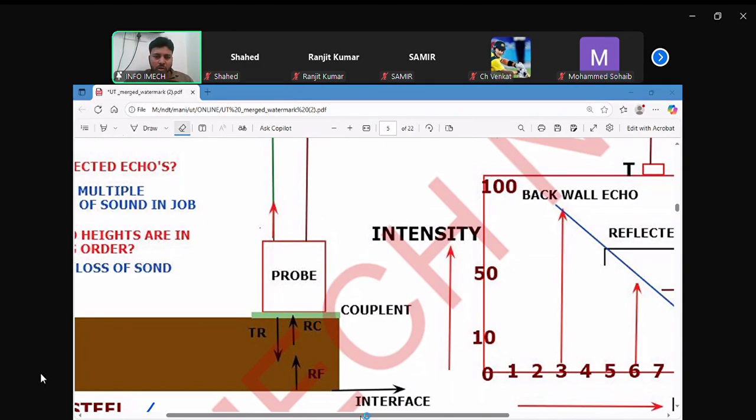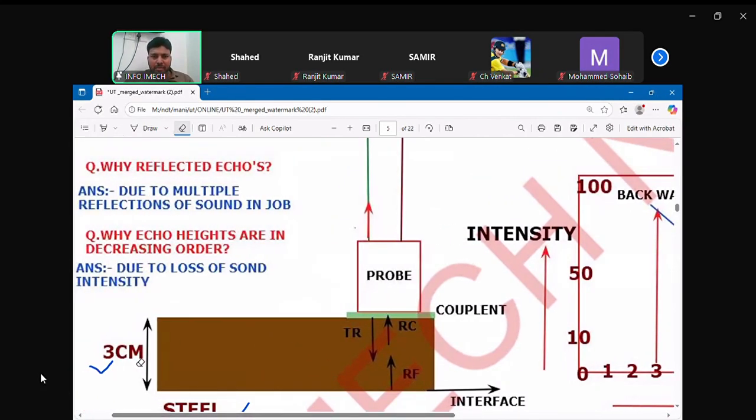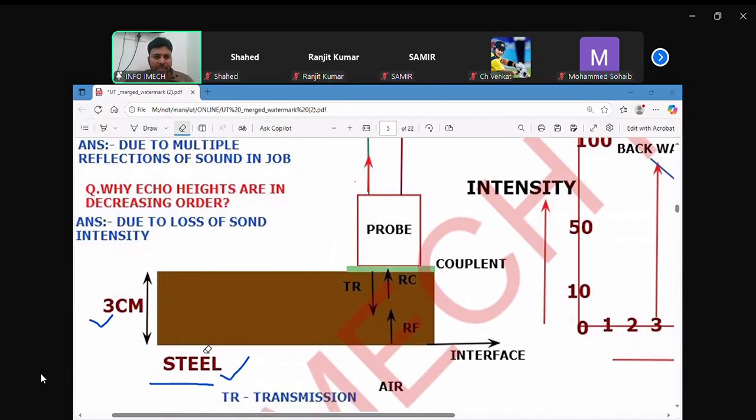When sound is going through the workpiece, up to 3 centimeters of steel is there. Sound velocity in steel is 5920 meters per second. So up to 3 centimeters distance, sound will travel with the velocity of 5920. But after 3 centimeters, no steel.